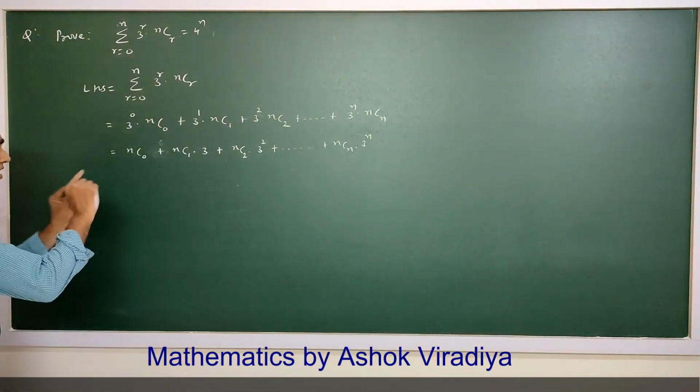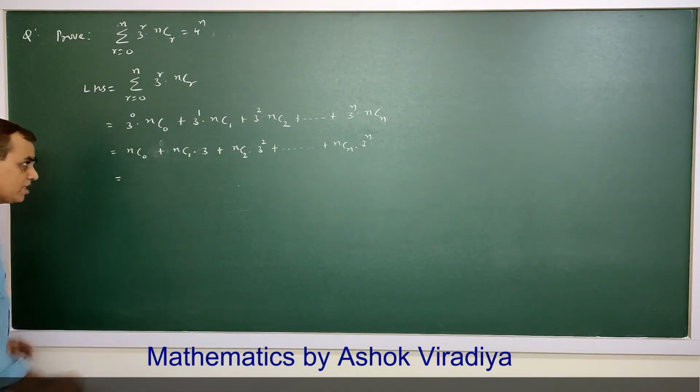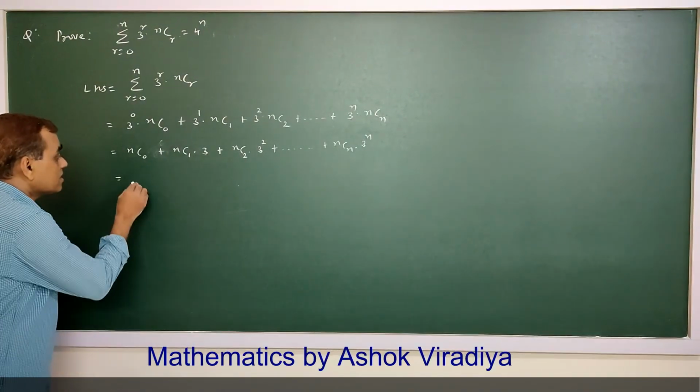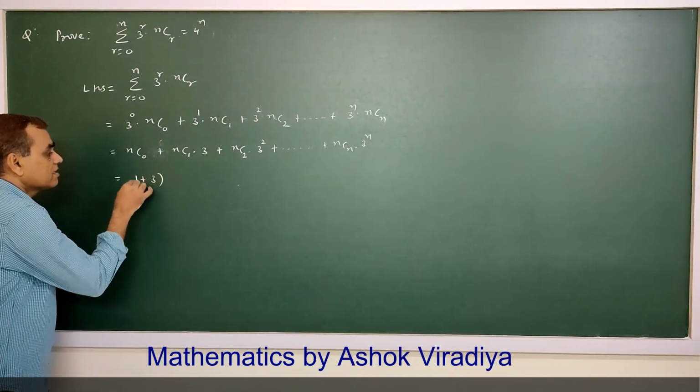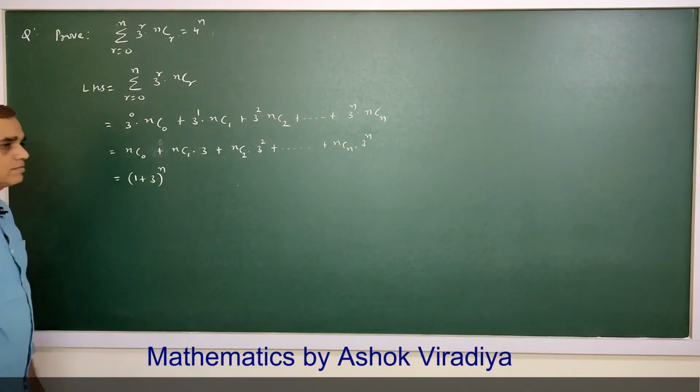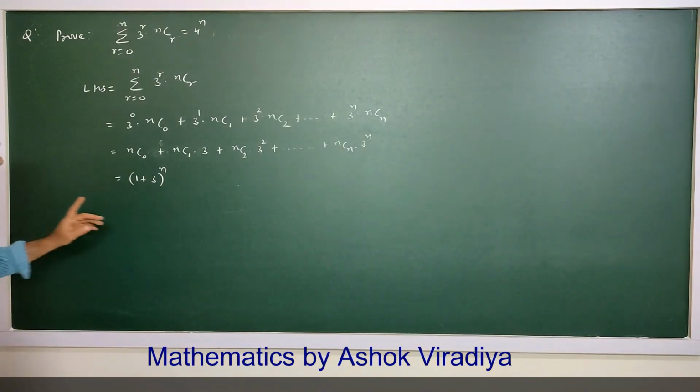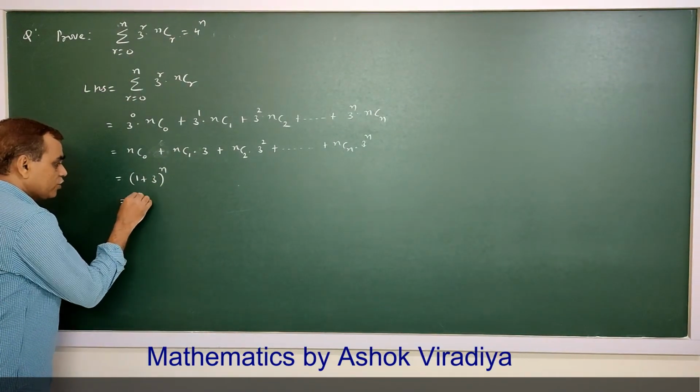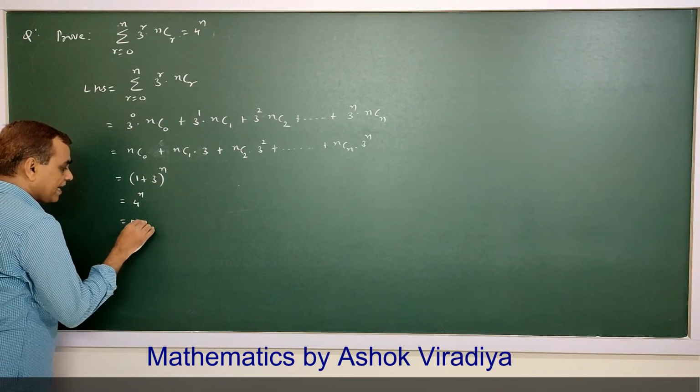So this is a pattern of expansion for (1 plus 3) raised to n. It is the expansion of (1 plus 3) raised to n, so it is 4 raised to n.